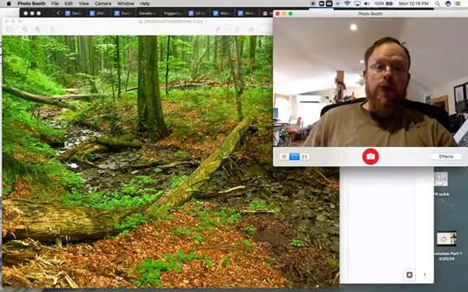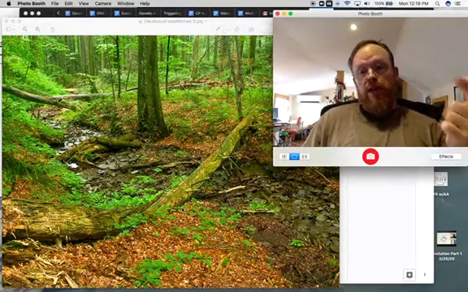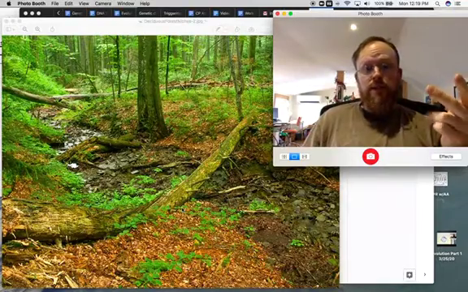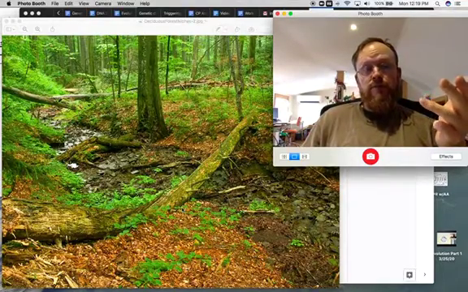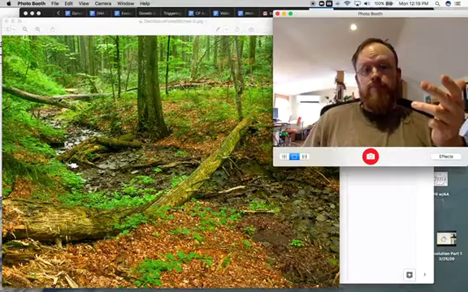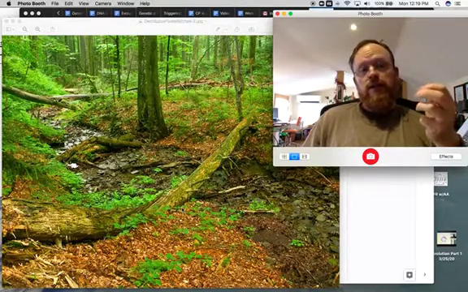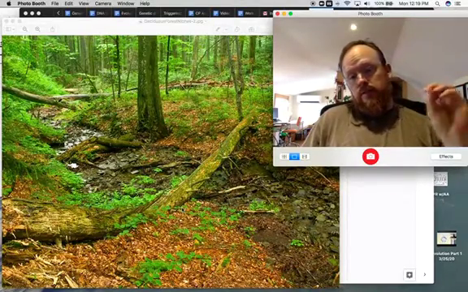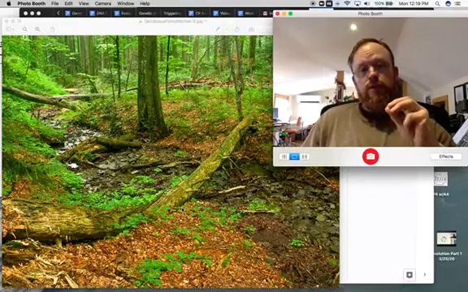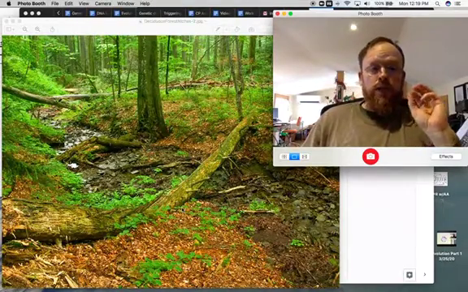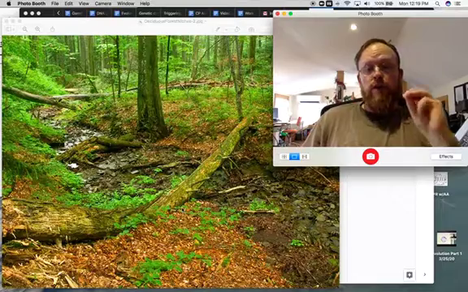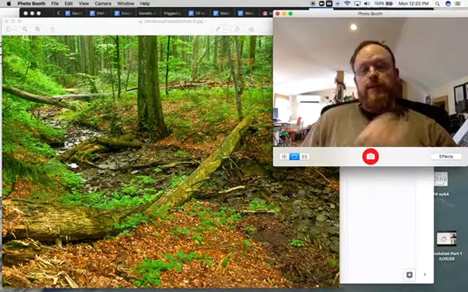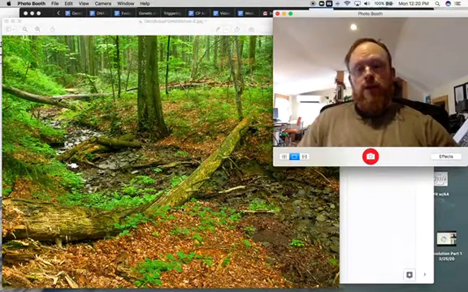Okay, so let's say under the log is dark, damp, cold, and there's not a lot of species diversity there, not a lot of biodiversity. Okay, there will be an organism that has evolved to fill that niche to take advantage of the available resources there. Okay, that's why we care about a niche.